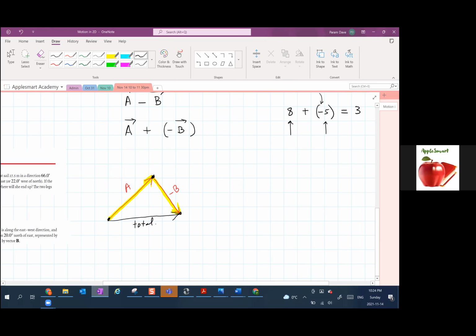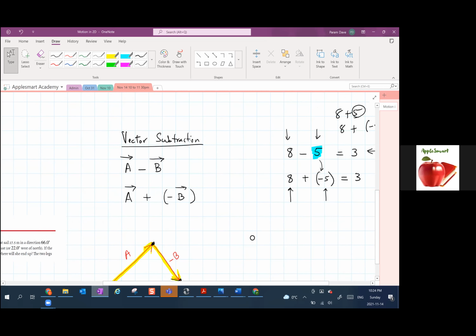It's very similar to addition. It's just that you have to remember to figure out the opposite of the vector that gets subtracted. Now be really careful. You're not to find out the opposite of A. You are to find out the opposite of B. So whichever vector gets subtracted is the one you find out the opposite for.